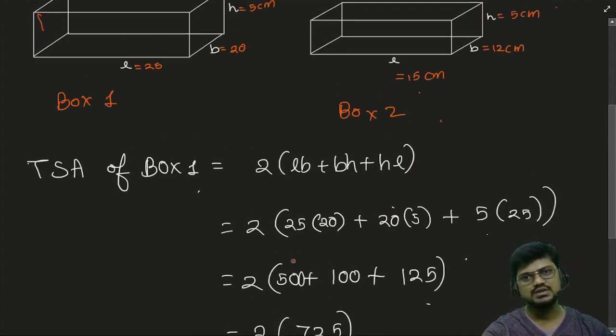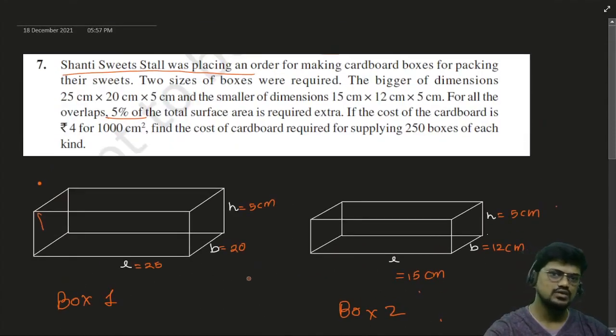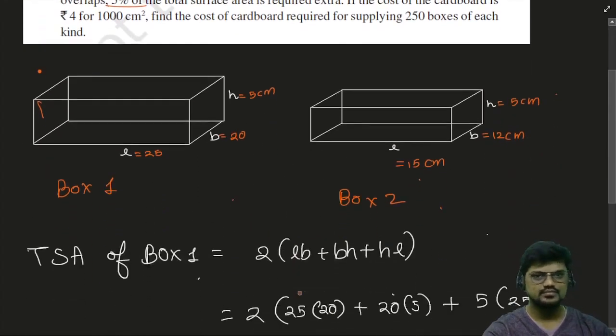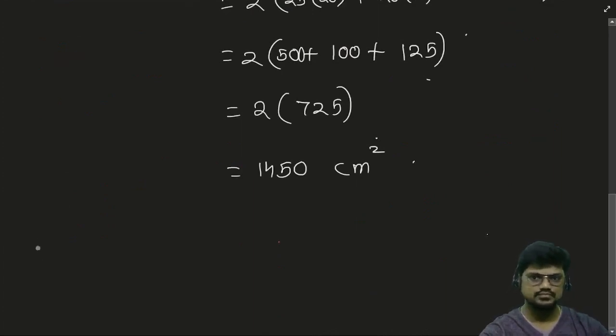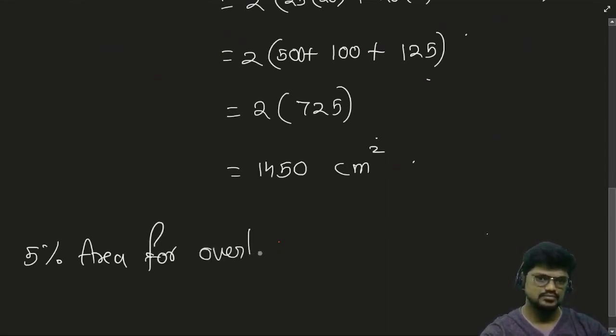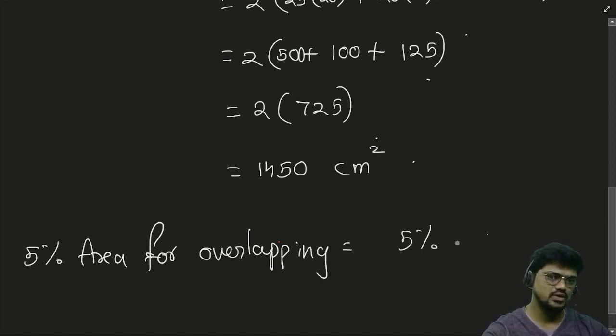So that is 5% extra area for overlapping, which will be equal to 5% of 1450.